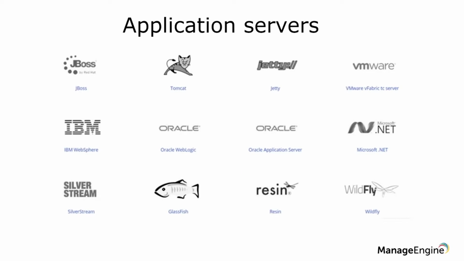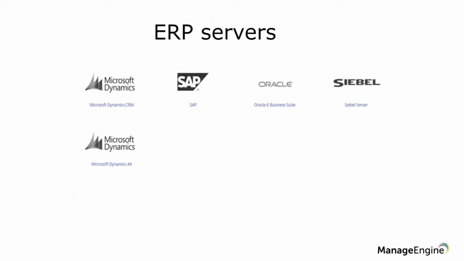So in overall, we monitor the JVM, JDBC connection pool statistics, JMS, web app, thread, transaction, and request information. So application servers such as Tomcat, JBoss, IBM WebSphere, Oracle WebLogic, Oracle Application Server can be monitored in Applications Manager.